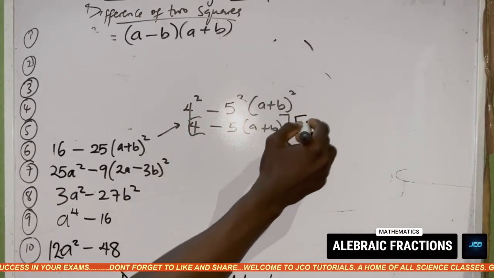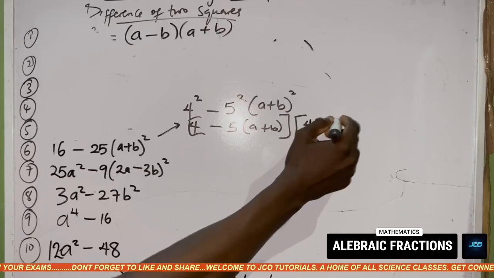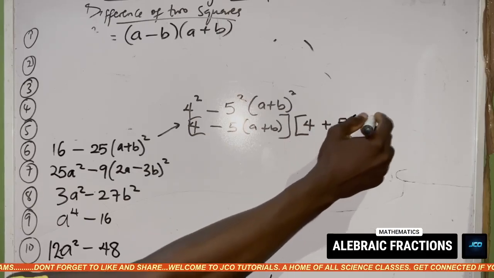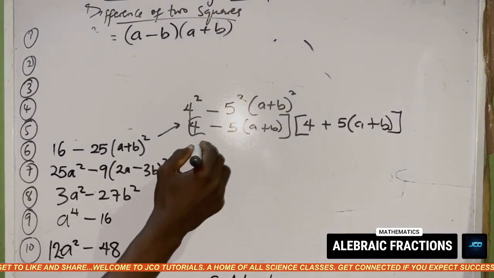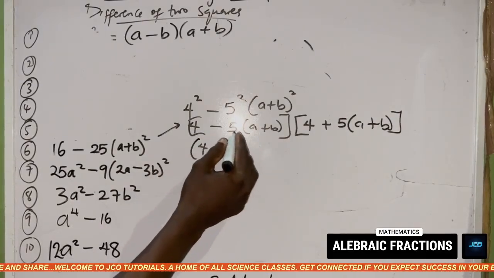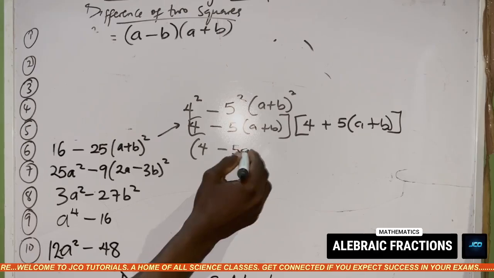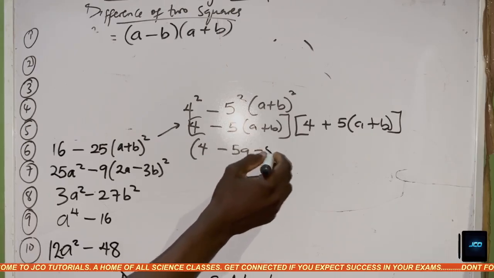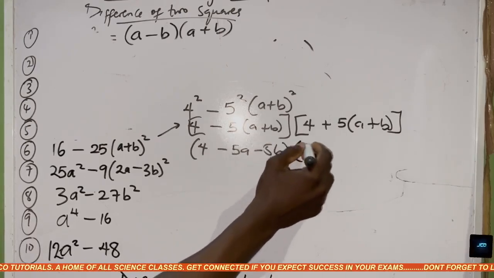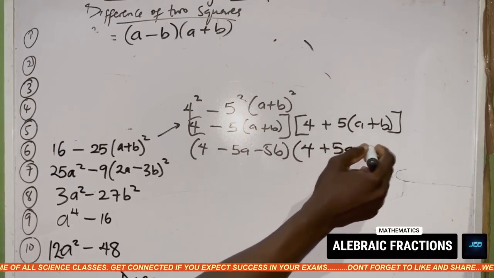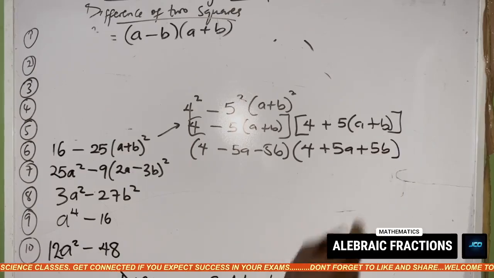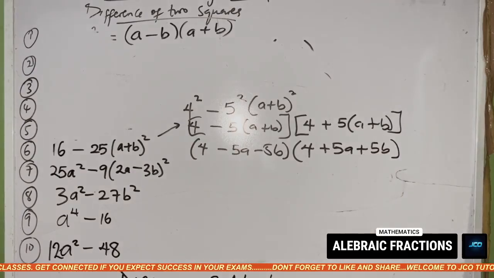Repeat it also, 4, but this time around plus 5, a plus b. This can further be written as 4 minus 5 times a, 5a, minus 5 times b, 5b. Therefore, plus 5 times a is 5a plus 5b. That is how we can write that. So this is your answer in such situation.